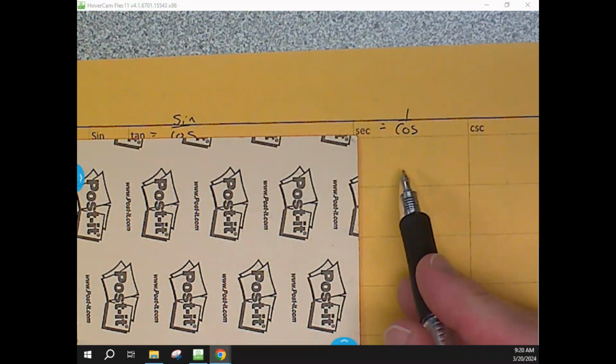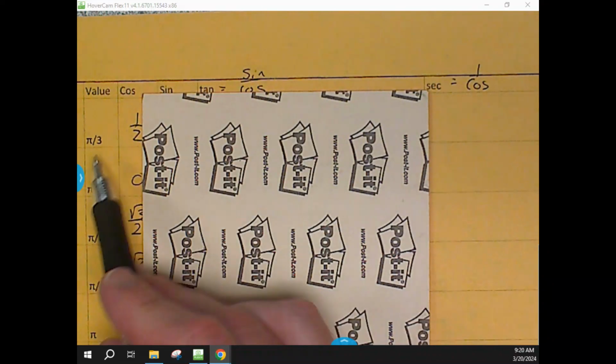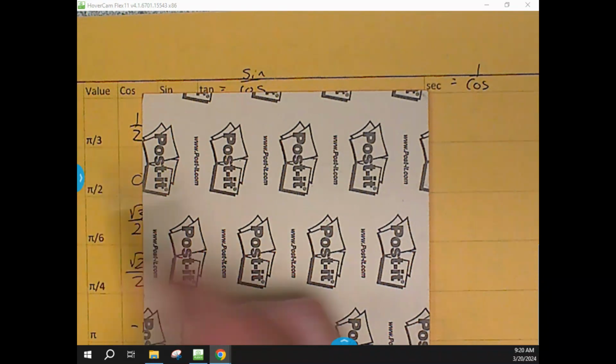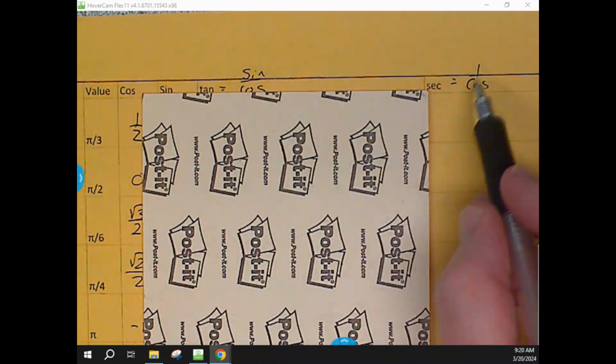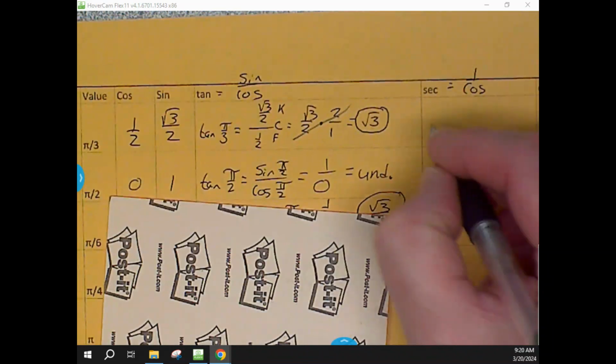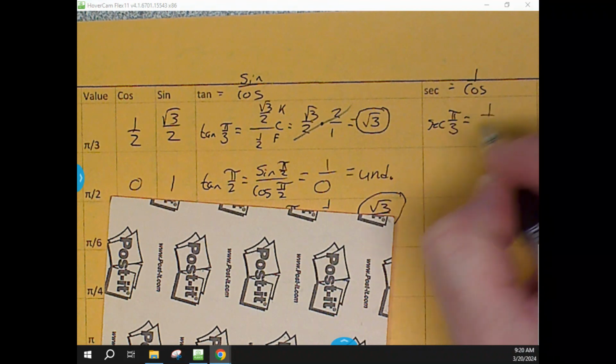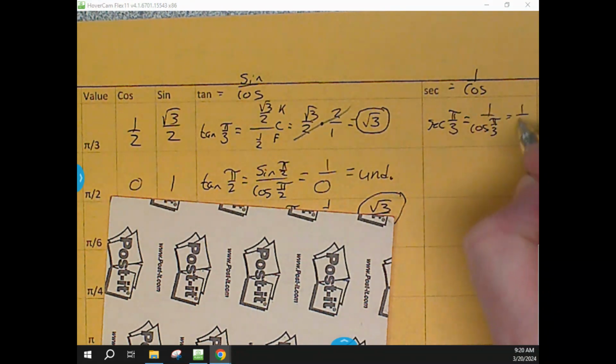So when we do secant, if it asks you to find the secant of pi over 3, that means it's going to be 1 over the cosine value, which is a half. So secant of pi over 3 is going to be 1 over the cosine of pi over 3, which is 1 over 1/2.